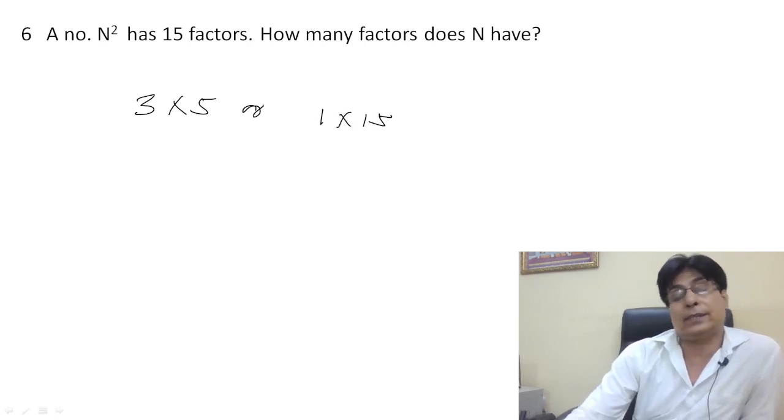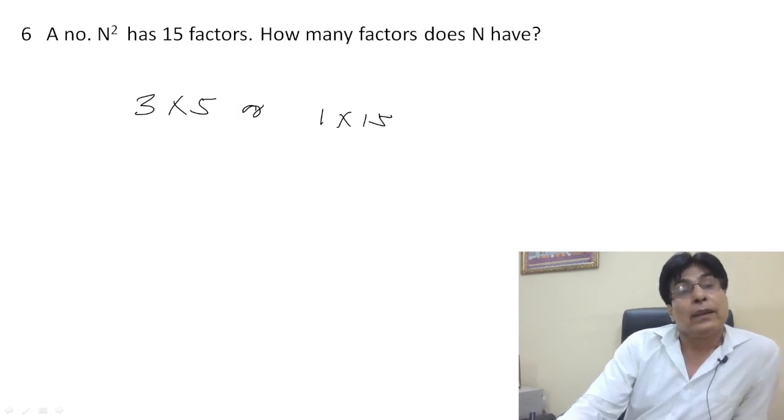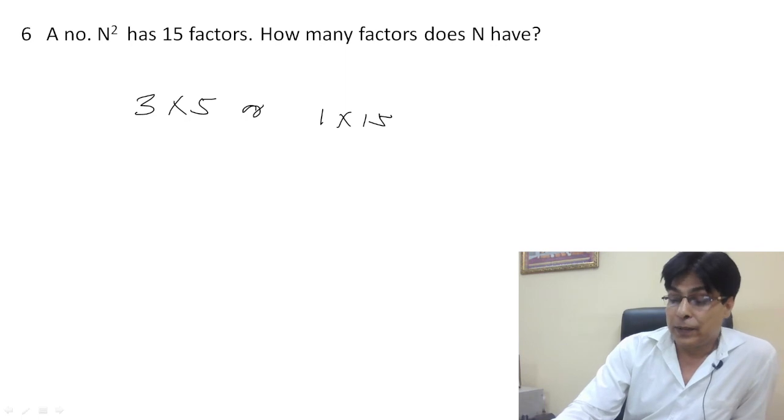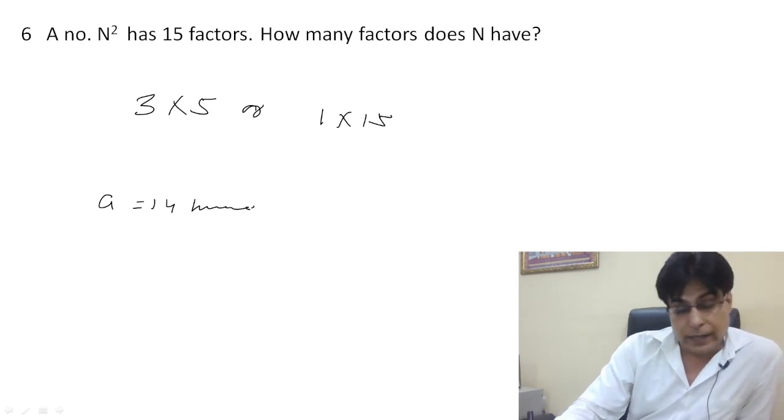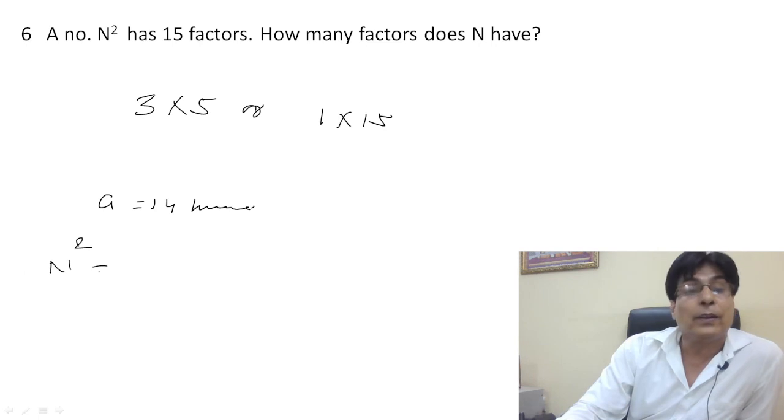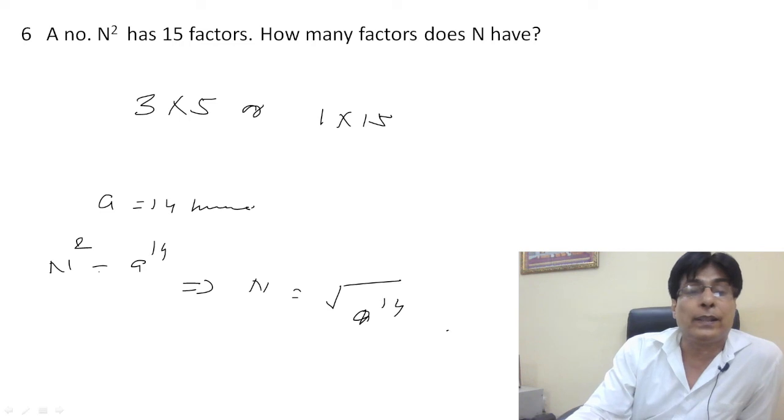In the first case, if n square is equal to A to the power 14, then n is equal to the root of A to the power 14, that is A to the power 7, and the number of divisors is equal to 8.